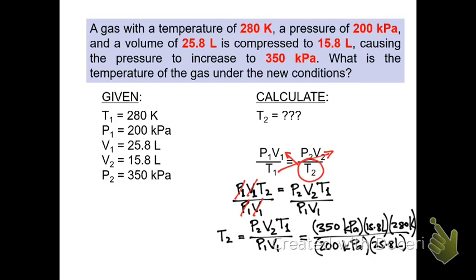So kPa would cancel out, liters would cancel, leaving you with the unit in kelvins. And this gives us roughly 300 kelvins.